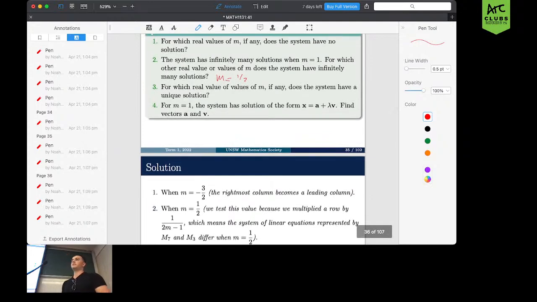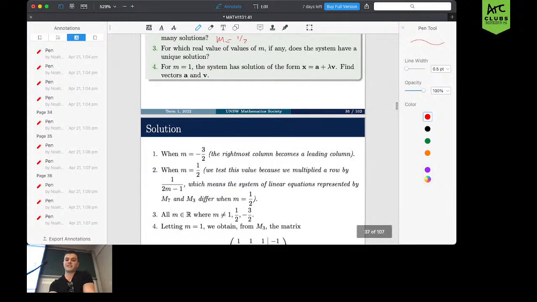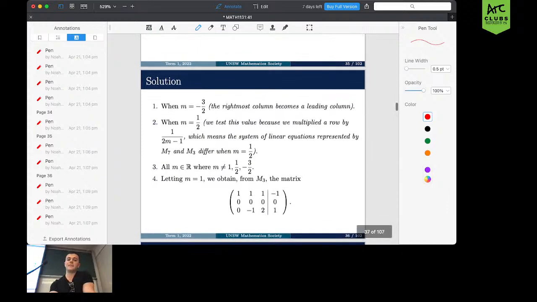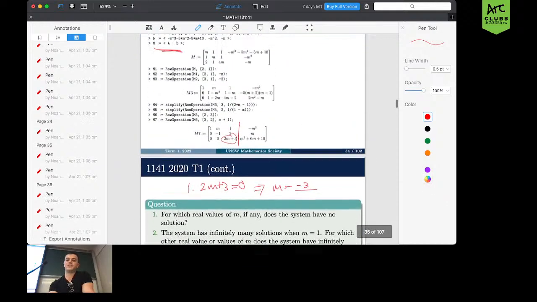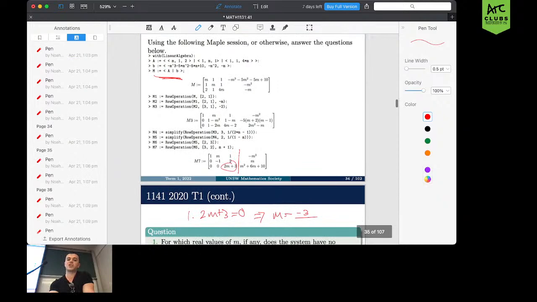So for m equals 1, they're telling you to sub in m equals 1, the system has a solution of the form vector x is equal to vector a plus some scalar times vector v. So we want to find what happens there. If you let m equals 1, wherever you see m, just chuck in 1.